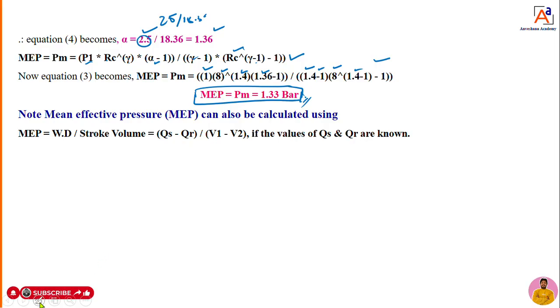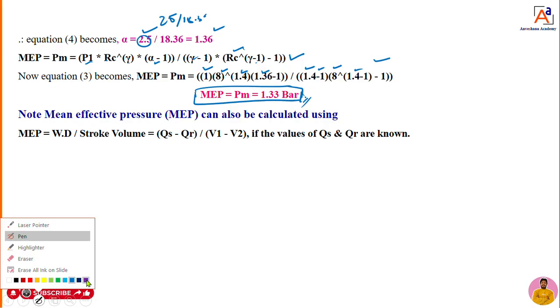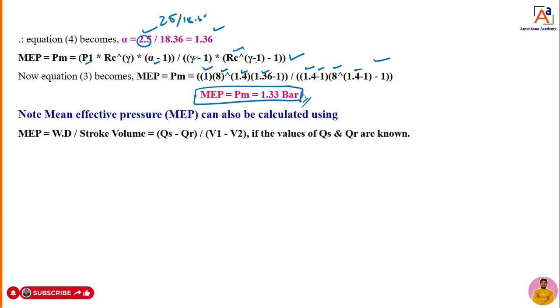Dear students, mean effective pressure can also be calculated in another way. What is that? The mean effective pressure, that is MEP, can also be calculated with the help of another formula. MEP is equal to work done divided by stroke volume. What is work done? That is nothing but Qs minus Qr, as we already know in the Carnot engine: heat supplied minus heat rejection is the total work done.